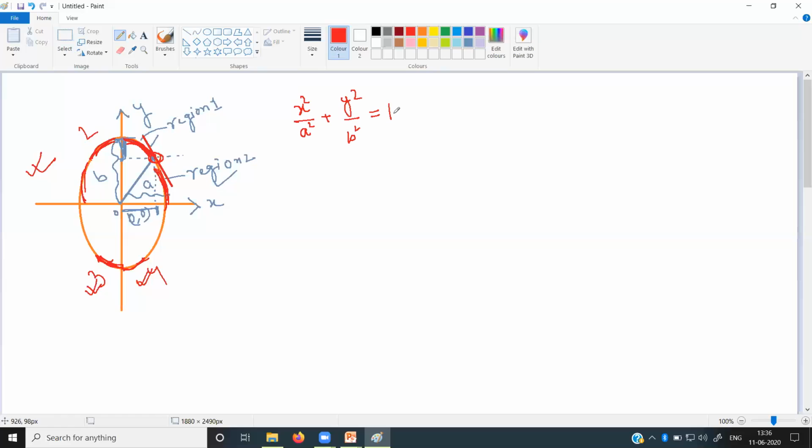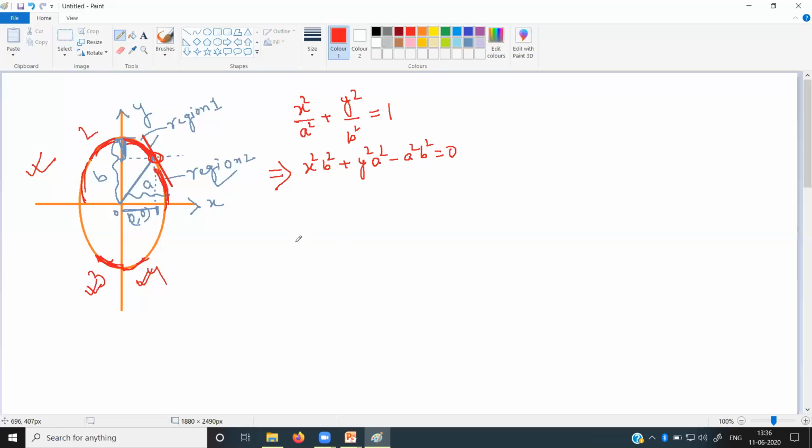Okay. Clear? Now if I simplify this equation, I can write it as x square b square plus y square a square minus a square b square equals 0.